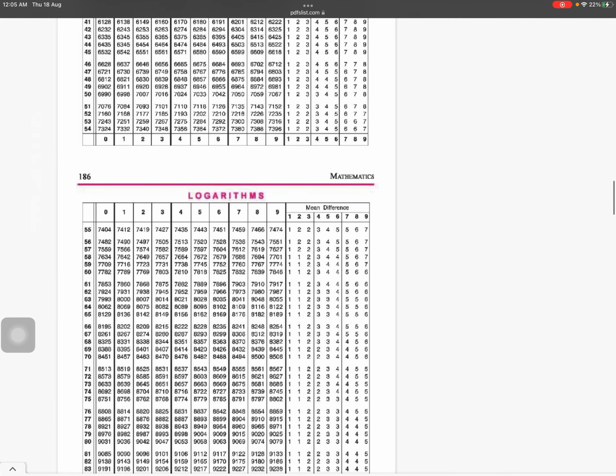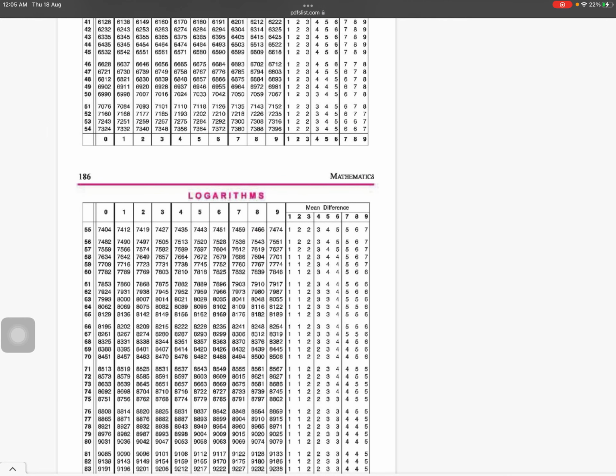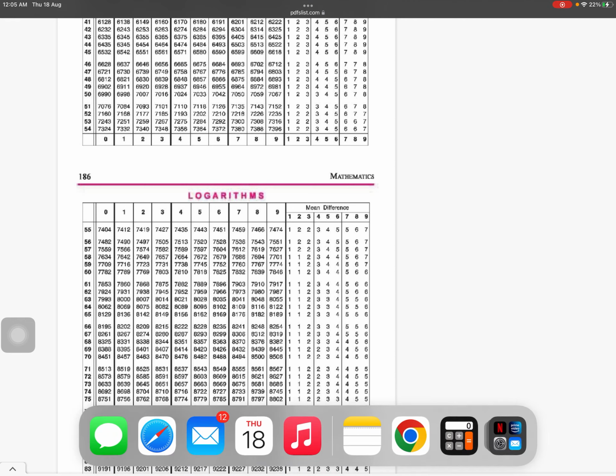I am just checking again. Row 75, column 5 is 8779 plus mean difference 5, which means plus 3. So 79, 80, 81, 82. Yes.